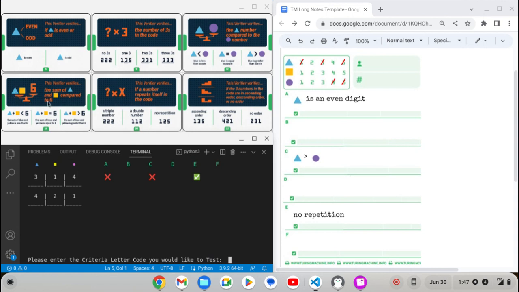Okay, so let's go ahead and test this criteria card D, the sum. Okay, so it is not 6, which would mean that it could not be an even for square, because if I do, well, no, I take that back.